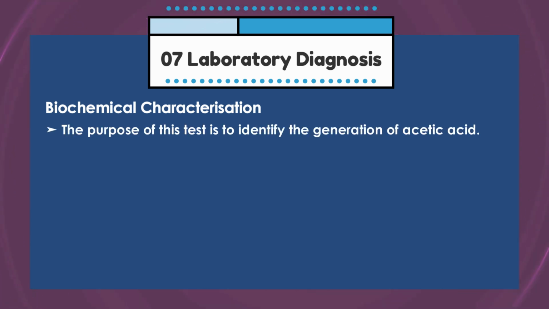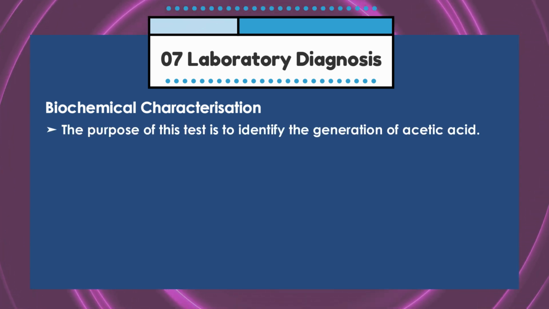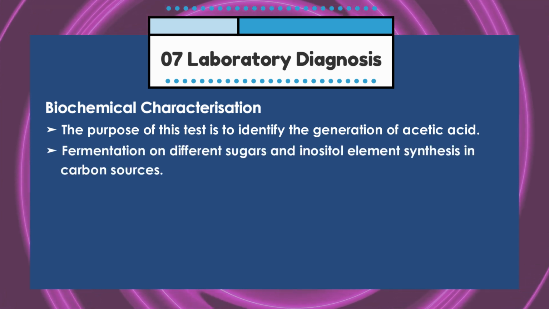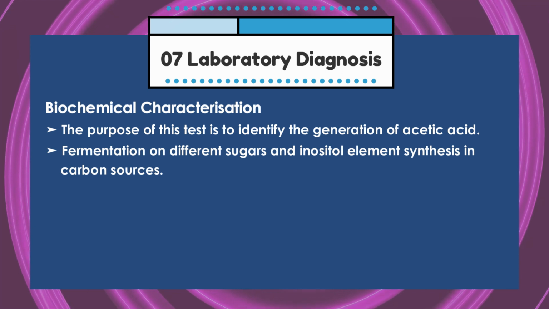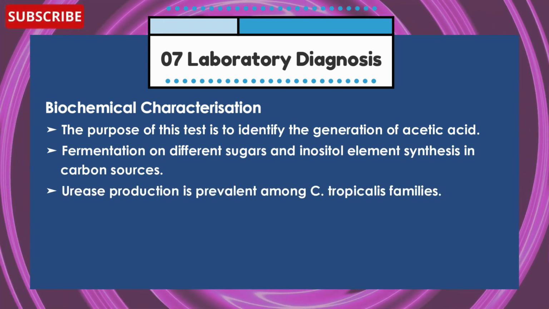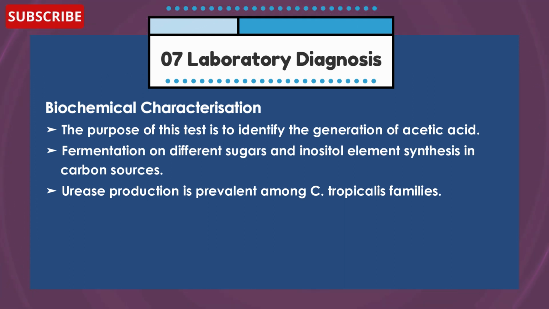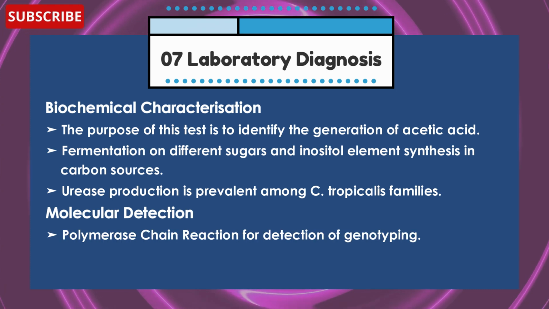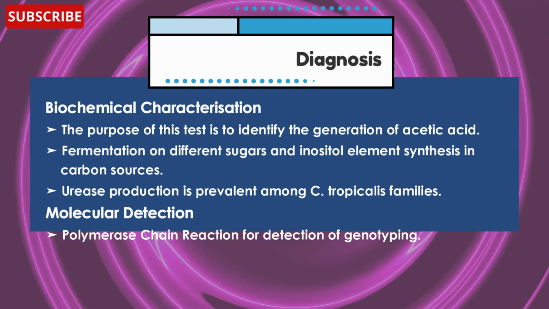The purpose of this test is to identify the generation of acetic acid, fermentation of different sugars, and indole compounds synthesized in carbon sources. Urease production is prevalent among Candida tropicalis strains. Molecular detection: polymerase chain reaction for the detection of genotyping.